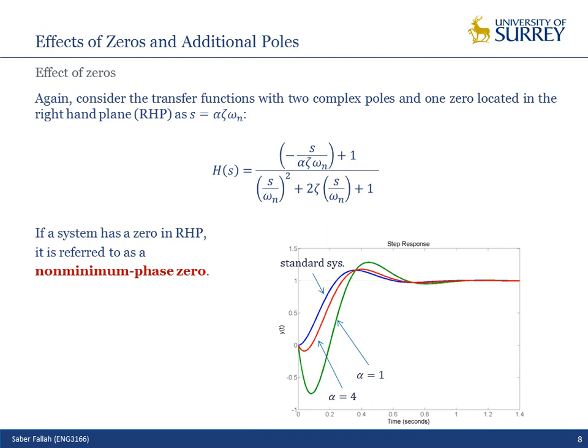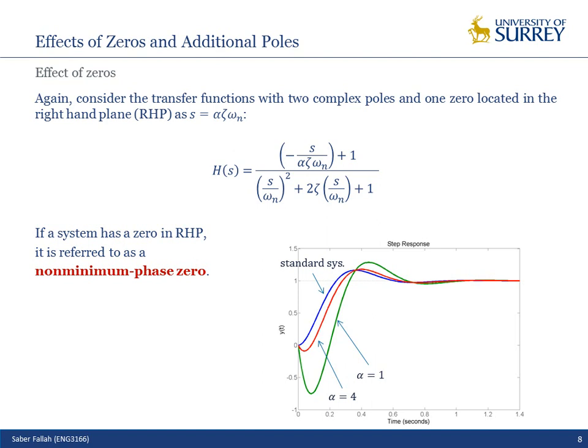Any question? Yes? You talk about a standard system. Or what? The standard system is this one. The transfer function of the standard system is H(s) equals omega n squared over s squared plus 2 zeta omega n s plus omega n squared.